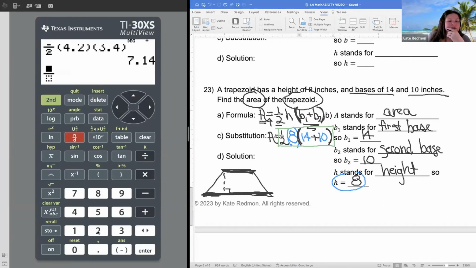I hit the fraction button to do 1/2, arrow out of the fraction, enclose the 8 in parentheses because it's multiplying. Open up the parentheses to put that entire sum, that entire quantity of 14 plus 10. Enter, and I get 96. So I'm going to speak in a complete math sentence.